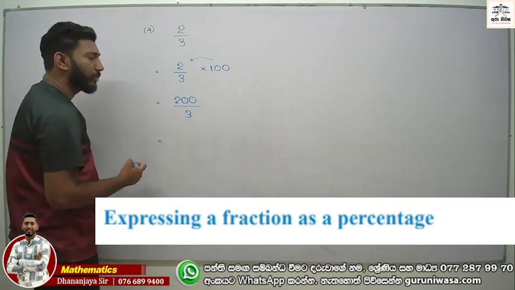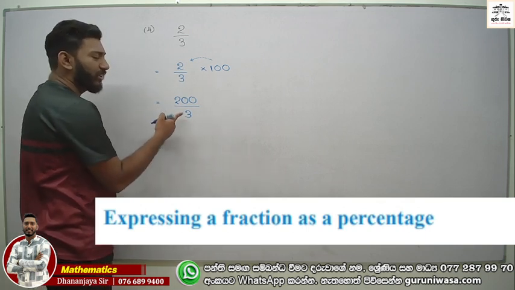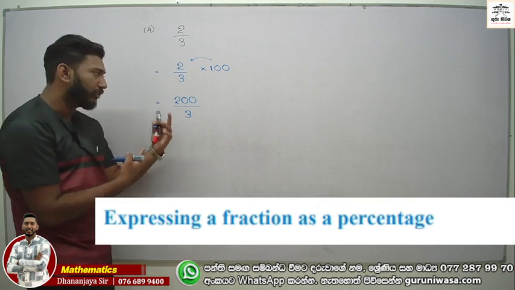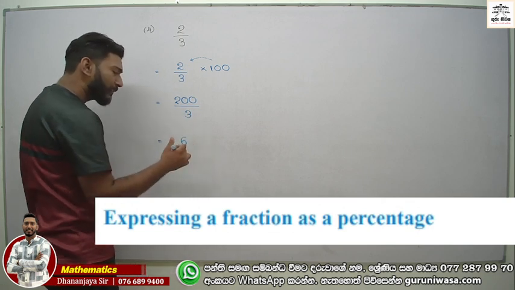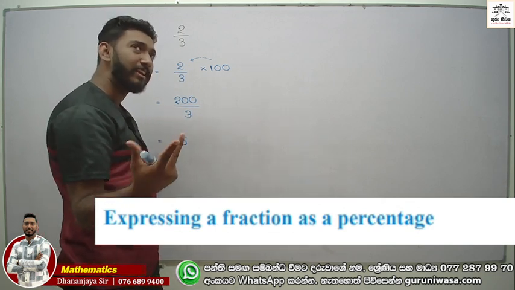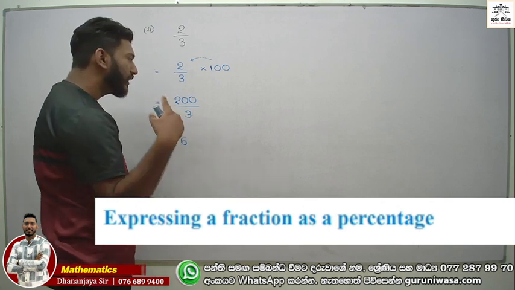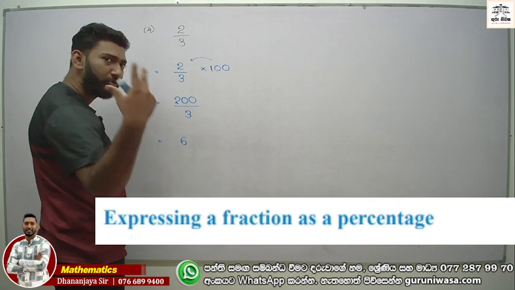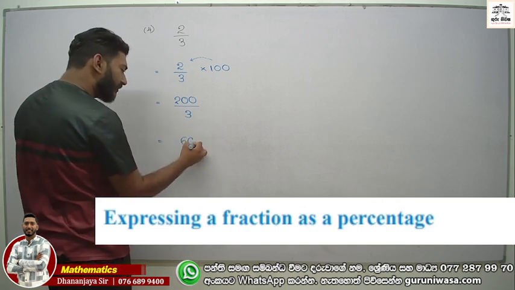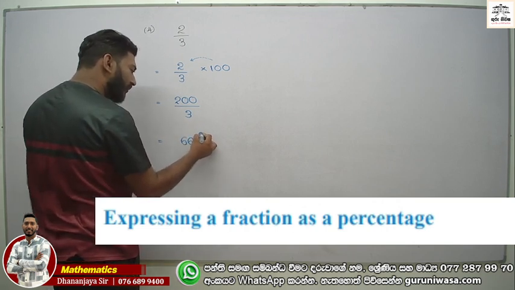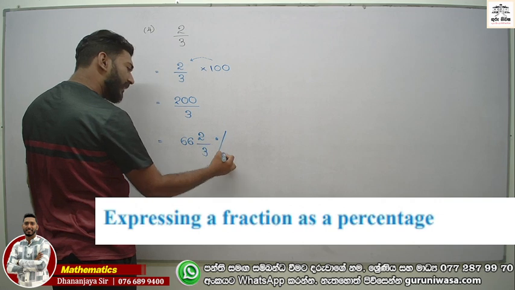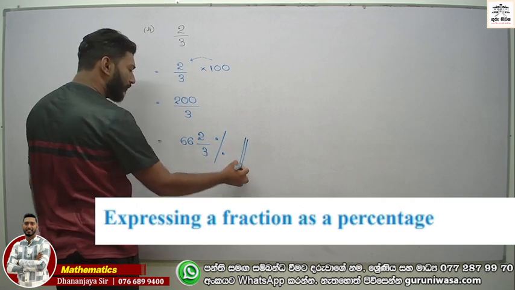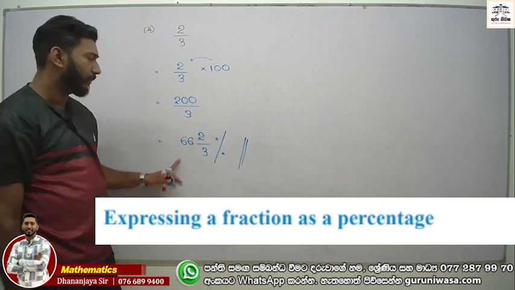Now I am going to divide. 2 cannot be divided by the 3. Now we are looking for the 2-digit number. 20 divided by 3 is 6, and 6 times 3 is 18. Again 2 remainder. 2 and 0 becomes 20, again 6. Now how many remainders? 2 remainders, and this is the percentage value.